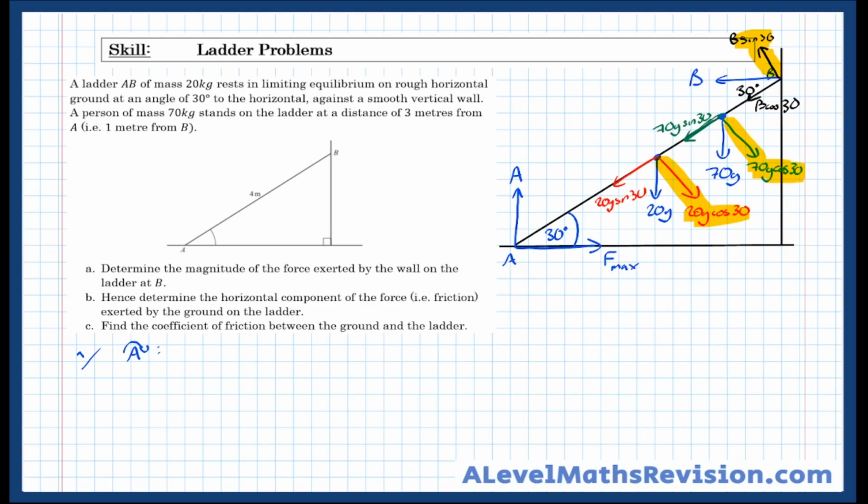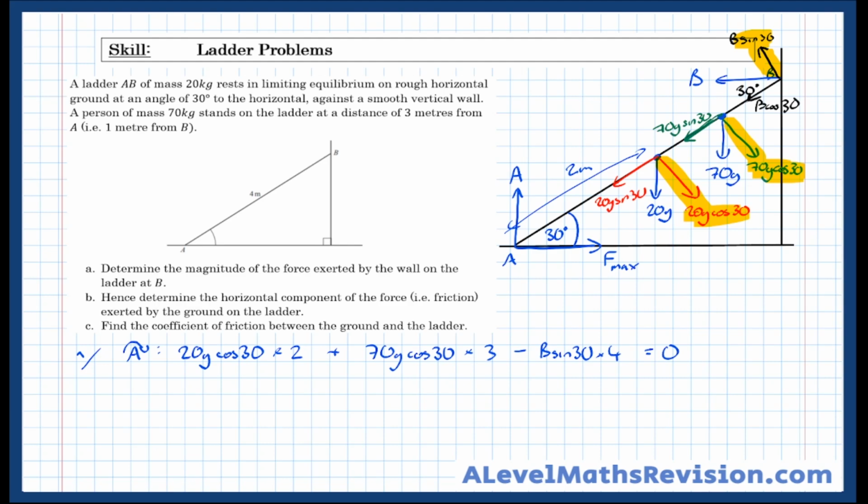So take a moment about A now, considering anything going clockwise to be positive. Well, I've got 20g cos 30, turning it clockwise, and that's a distance halfway up the ladder of 2 meters. Then there's a person standing 3 meters up there, so 70g cos 30 times 3 meters, minus B sin 30 times 4, because that'll be turning it anti-clockwise, equals 0.